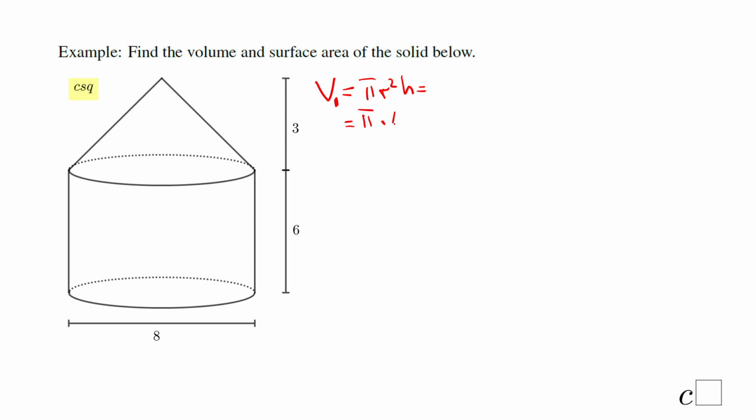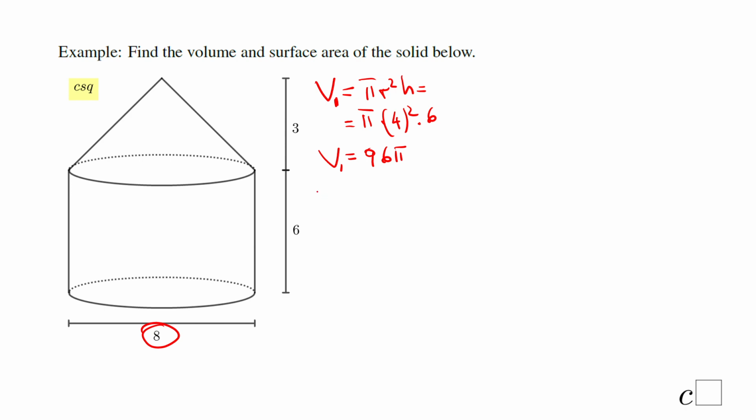The radius is 4 now, right? It's half of this, times 6. 4 squared is 16, 16 times 6. That will be 96. 96 pi is the first volume, the volume of the cylinder.